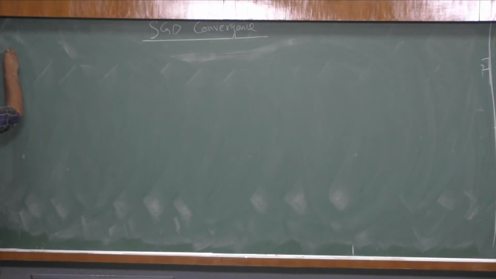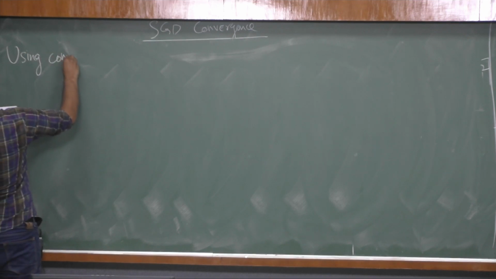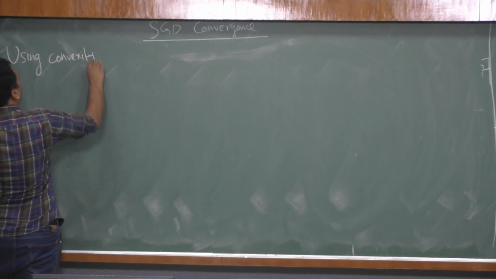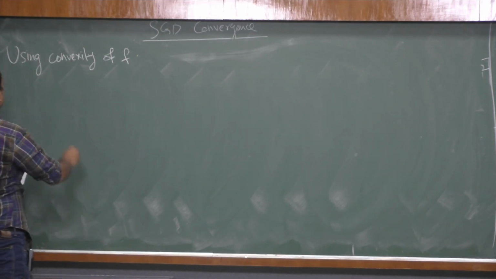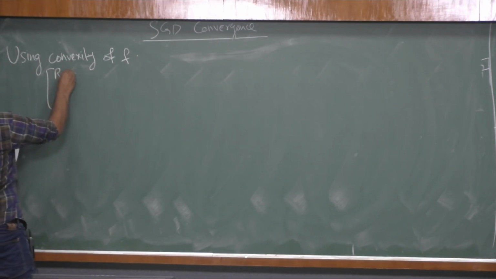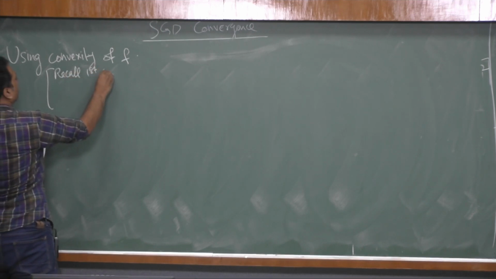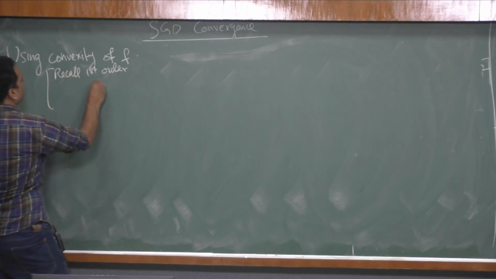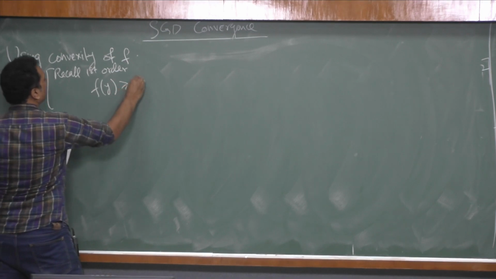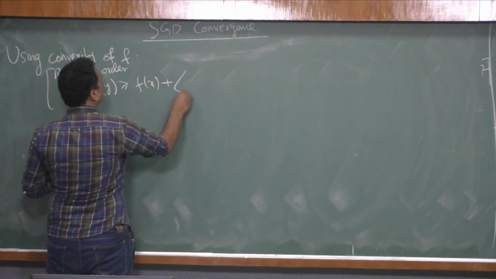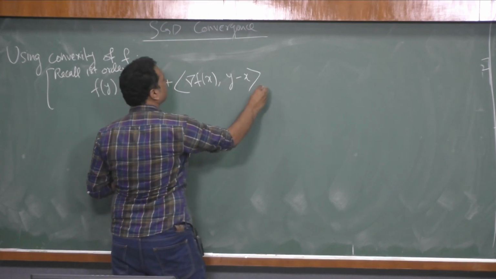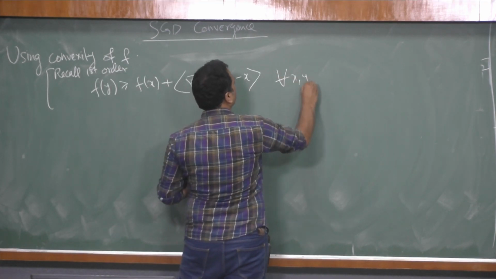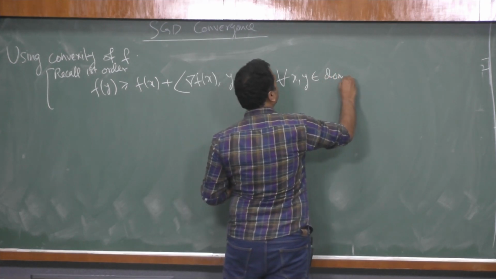Using convexity of f, first recall first order convexity: f(y) is greater than or equal to f(x) plus grad f(x) times (y minus x), and this is true for all x and y in the domain of f.